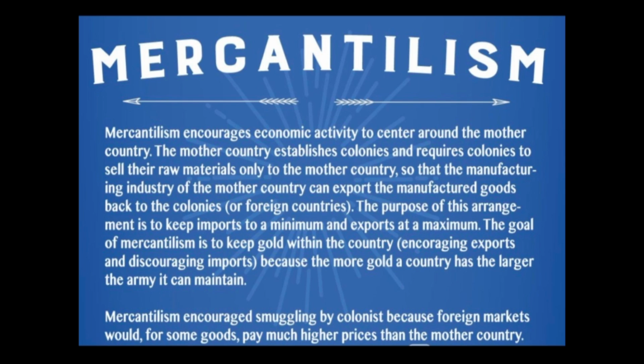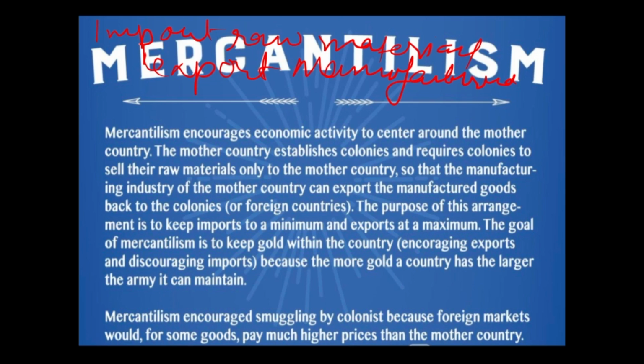What it means? A mother country or a colonizer should import raw material and export manufactured products.